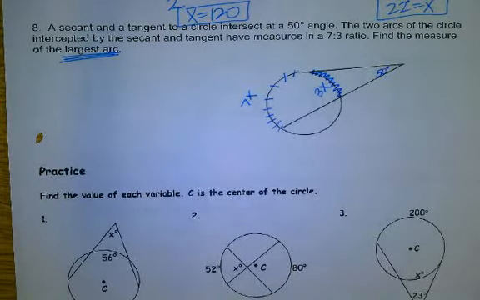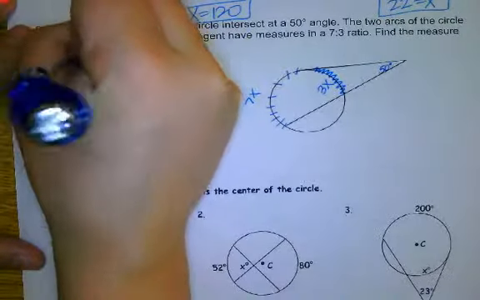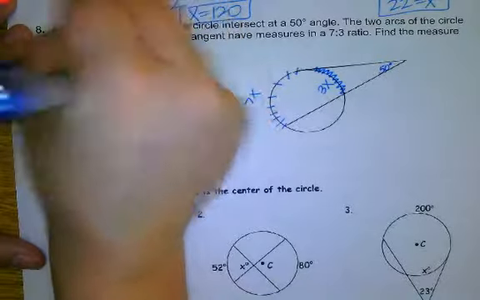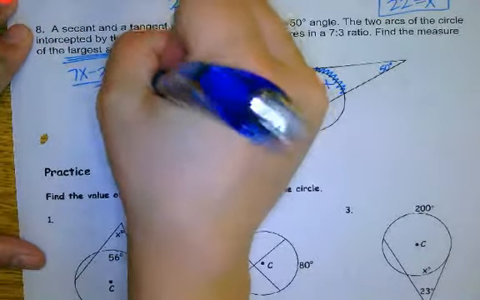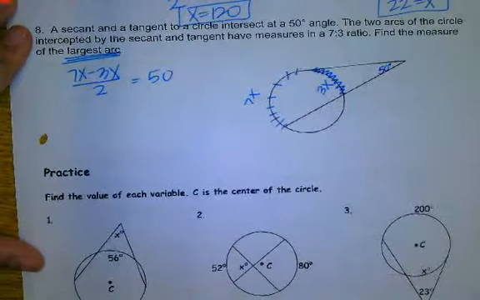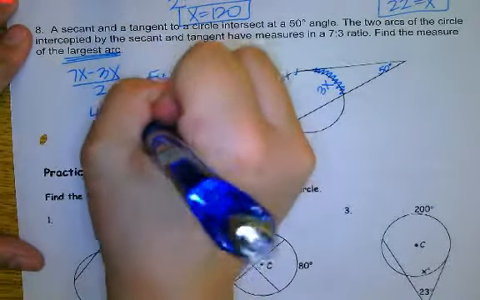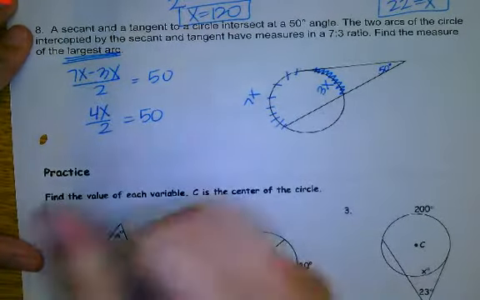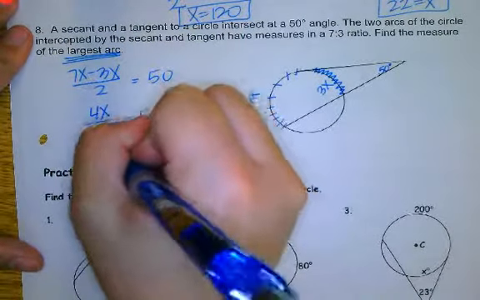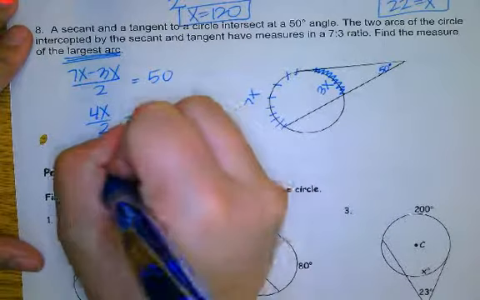Exterior. Okay, so what do I need to do? Subtract them. Okay, so I have 4x over 2 equals 50. So 4x equals 100, leaving x to equal 25.